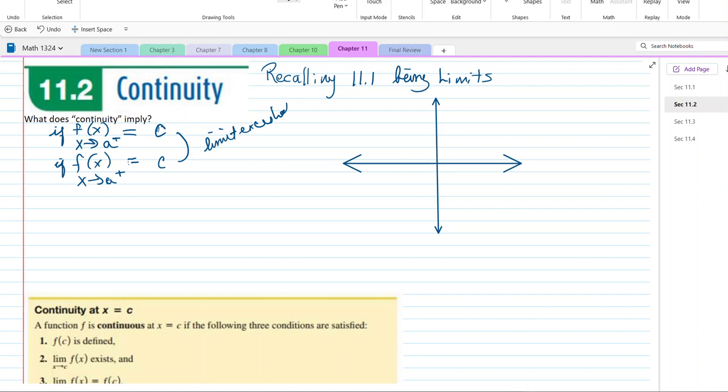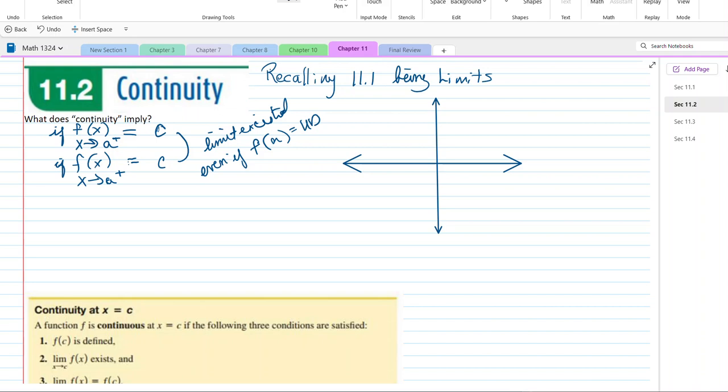And this was even if f of a equals undefined. In other words, there is no solution. So we had that to contend with.